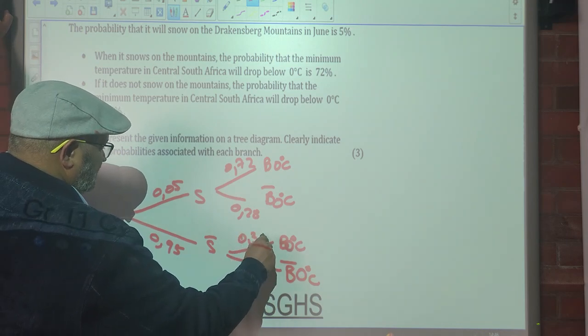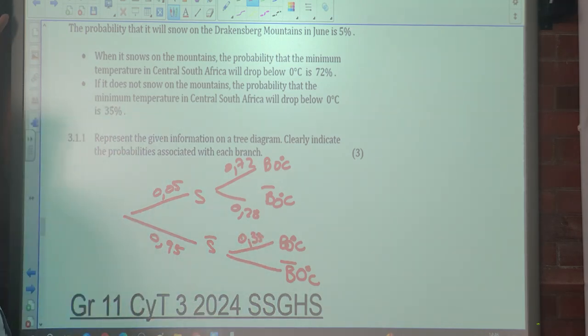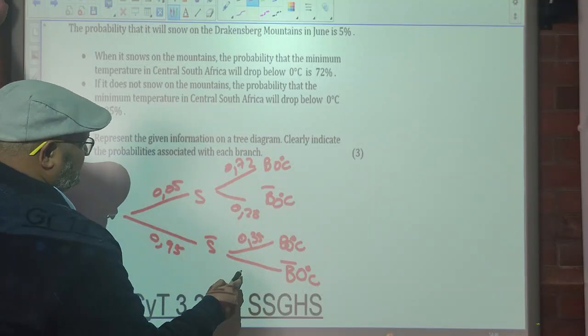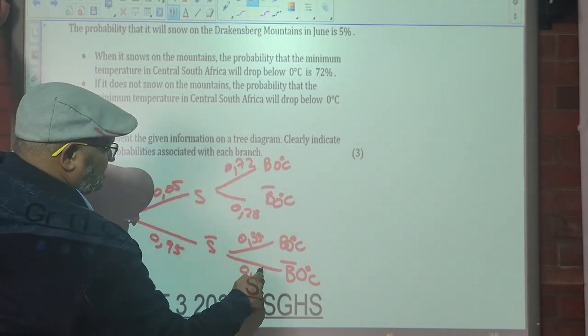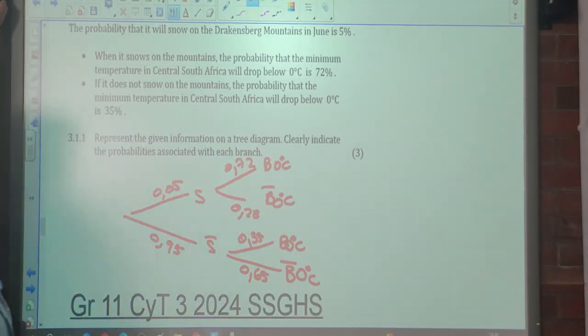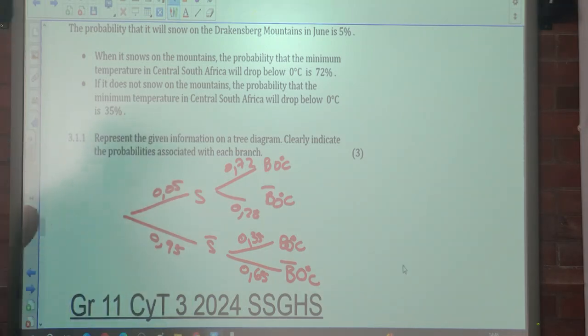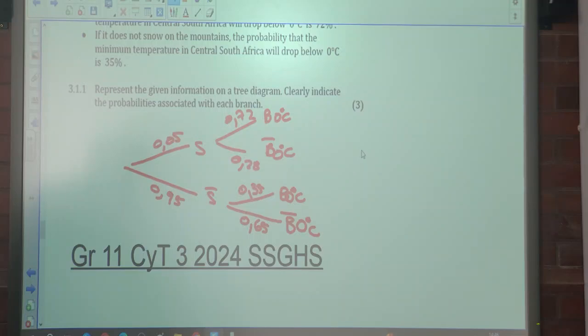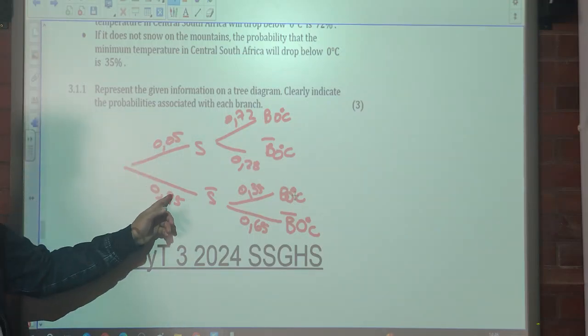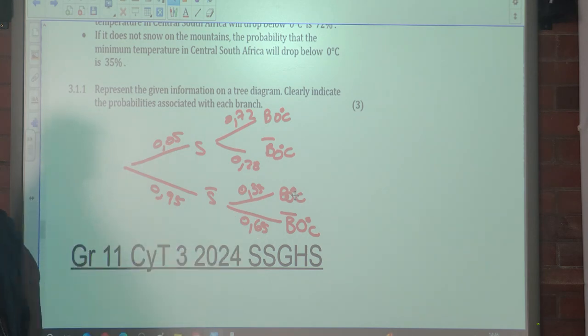So 0.35. So what's the chance that it will not drop below? 0.65. Not so? So there's your tree diagram, clearly indicating the probabilities associated with each branch. That is what they are talking about.